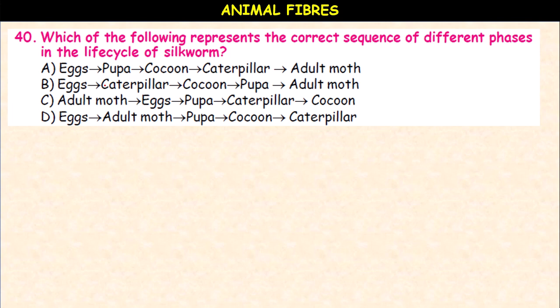Option C, adult moth, eggs, pupa, caterpillar, cocoon. Option D, eggs, adult moth, pupa, cocoon, caterpillar. It is the second option: first eggs, then larva or caterpillar, then cocoon, pupa and adult moth.